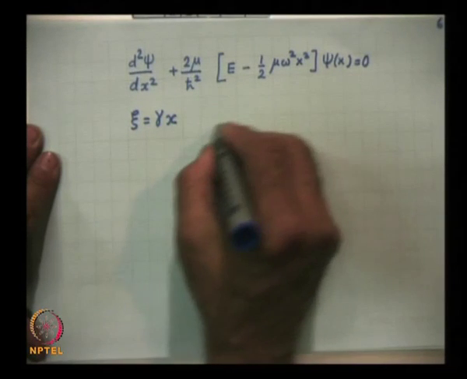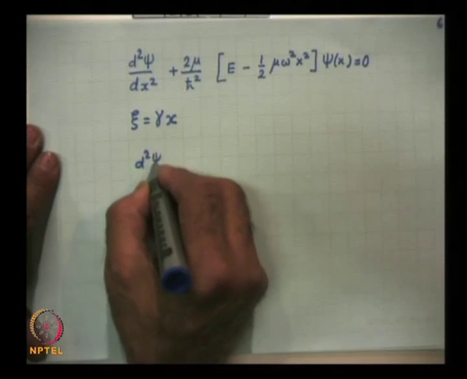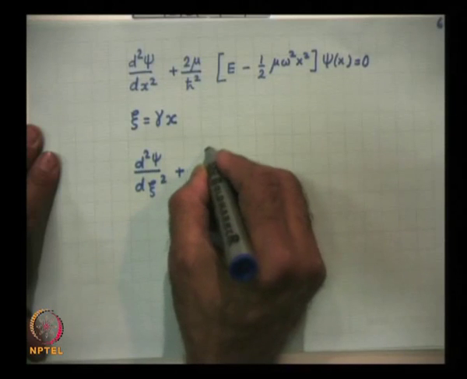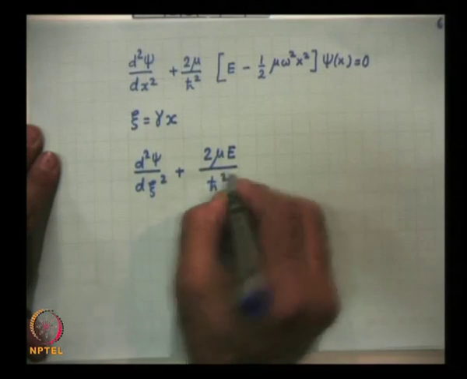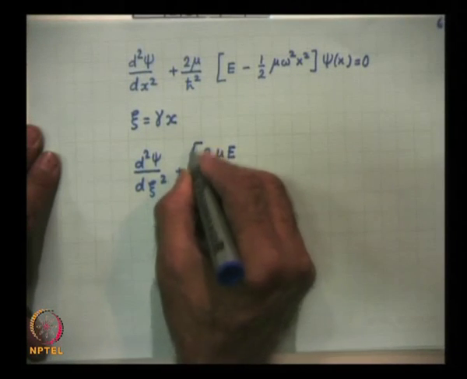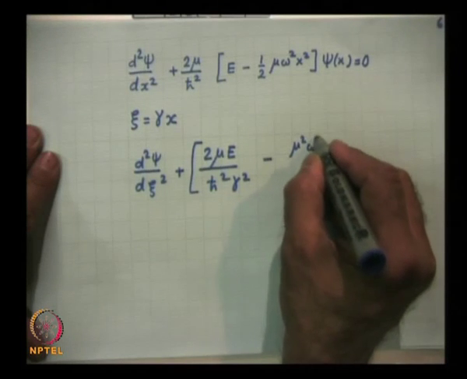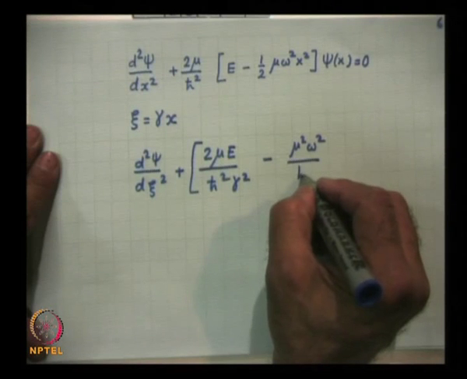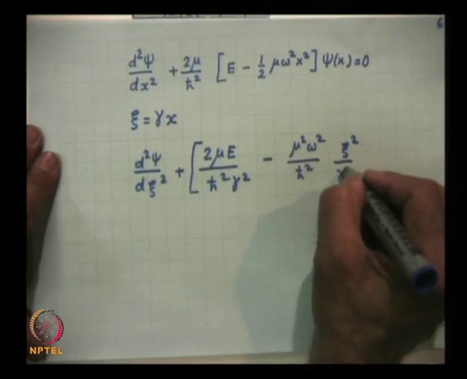So, we get the above equation becomes d2 psi by d xi square plus 2 mu E by h cross square. This becomes gamma square times this, so I put gamma square here, minus mu square omega square by h cross square, xi square by gamma to the power of 4.